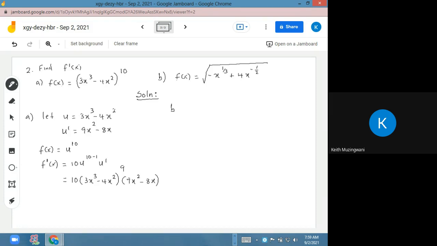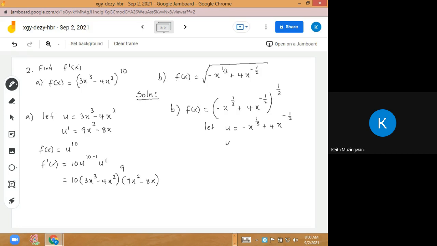For b, we can write this function as negative x to the power 1 over 3 plus 4x to the power negative half, all to the power half. We know the square root is also half, and then we let u be negative x to the power 1 over 3 plus 4x to the power negative 1 over 2.